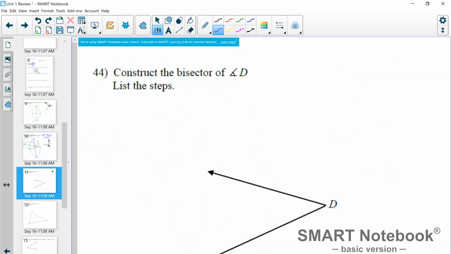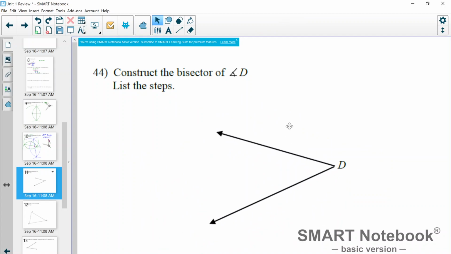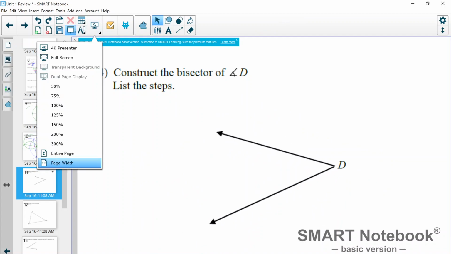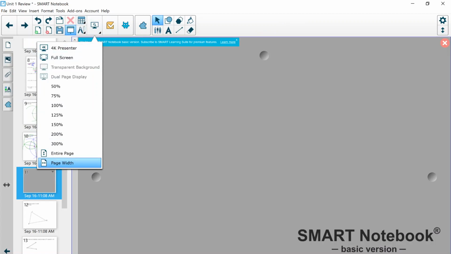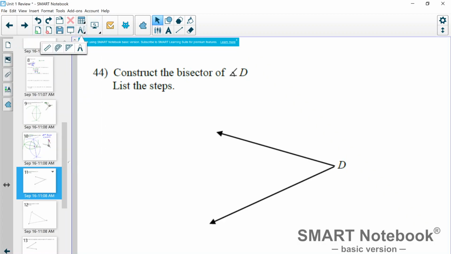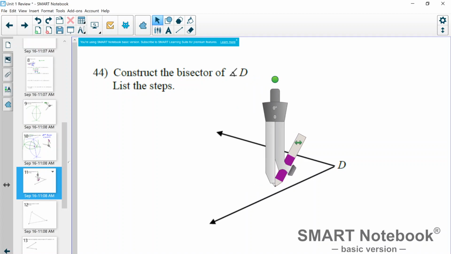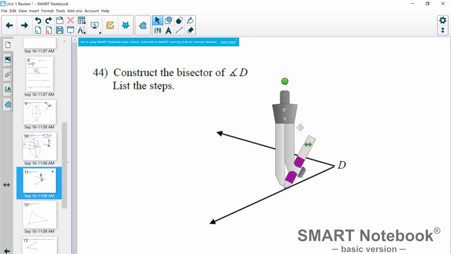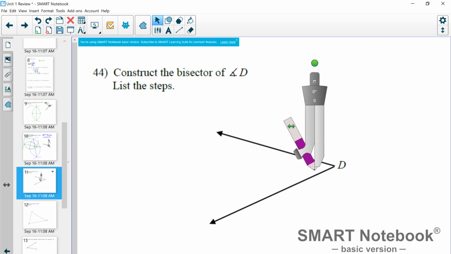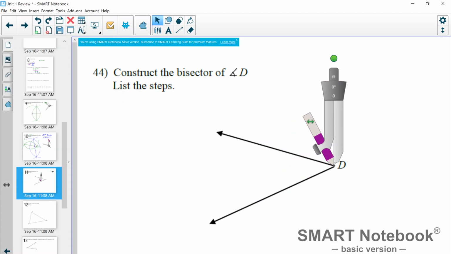44, we have to find the bisector of this angle D. Again, construction means we need our compass. And this one's a little bit different. So perpendicular bisector, we need to measure the distance from one endpoint to the next.